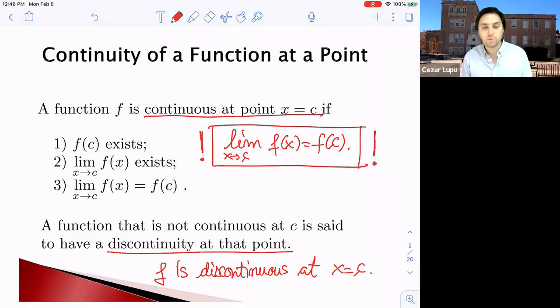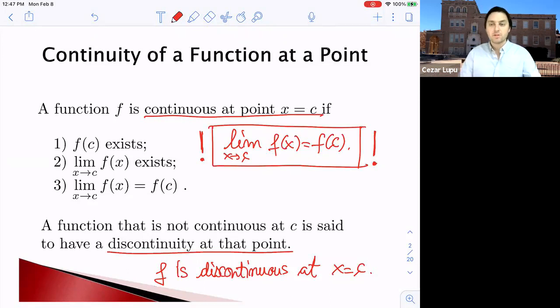But since that point was chosen arbitrarily, then you can say that the function is actually continuous on the entire domain, right? So that's the philosophy. And of course, to prove that it's discontinuous, you just have to pick one point for which the limit of the function at that point does not agree with the value of the function at that point. So that's what you need to know.